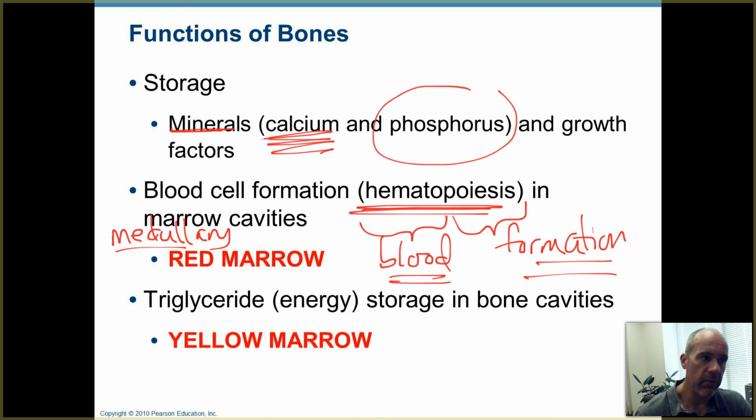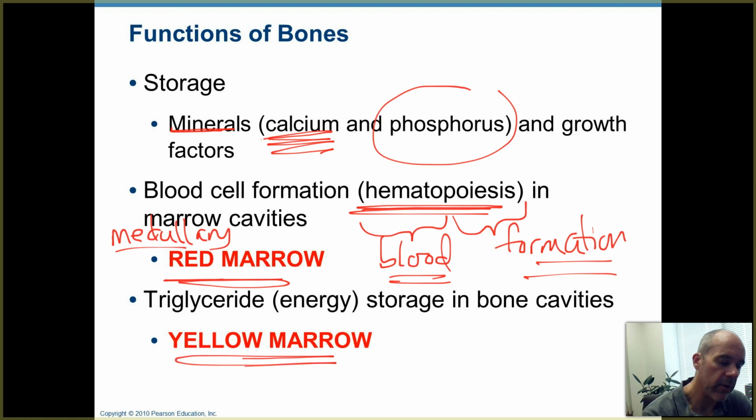Your bone marrow can be divided into two types. You have red bone marrow, and that's where hematopoiesis actually takes place. Yellow marrow is another type of bone marrow, which has a yellow coloration because it's full of fat, so triglycerides are stored there for long-term energy.